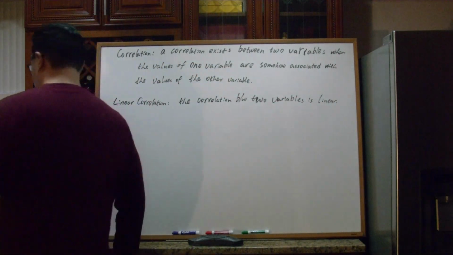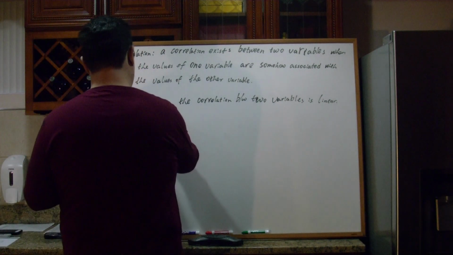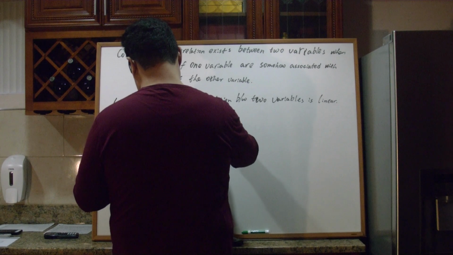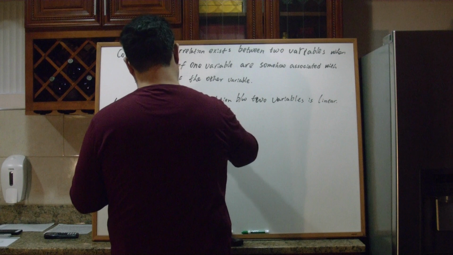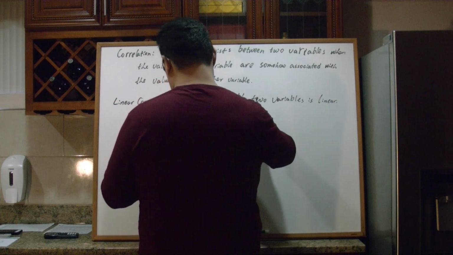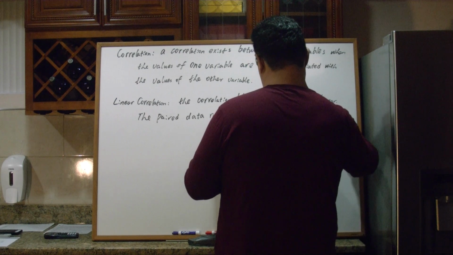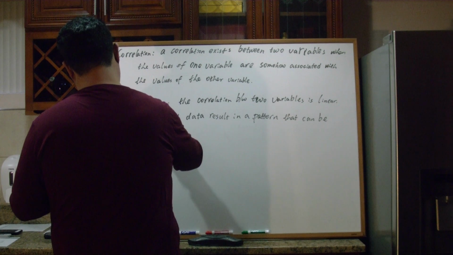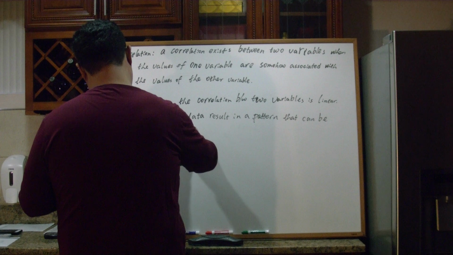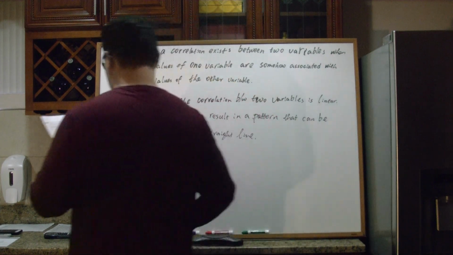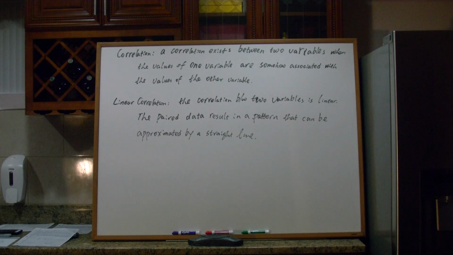The correlation between two variables is linear, in other words, when the paired data results in a pattern that can be approximated by a straight line.